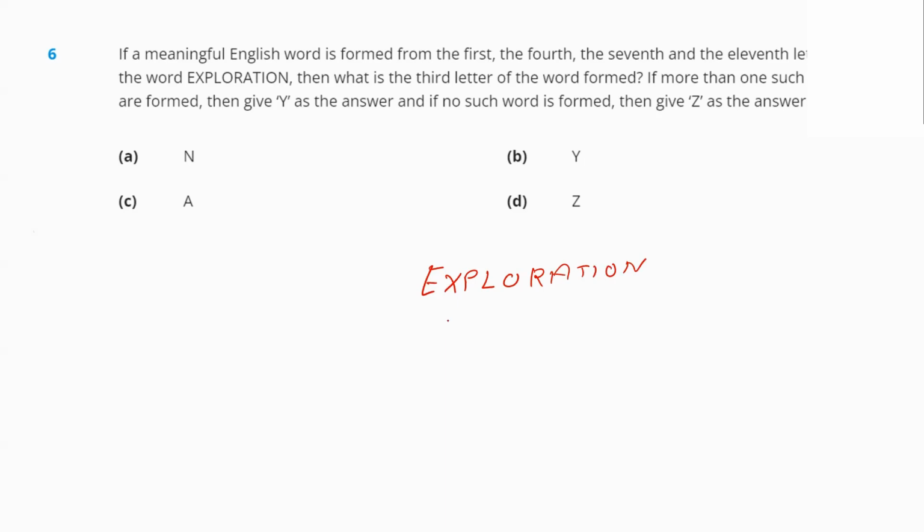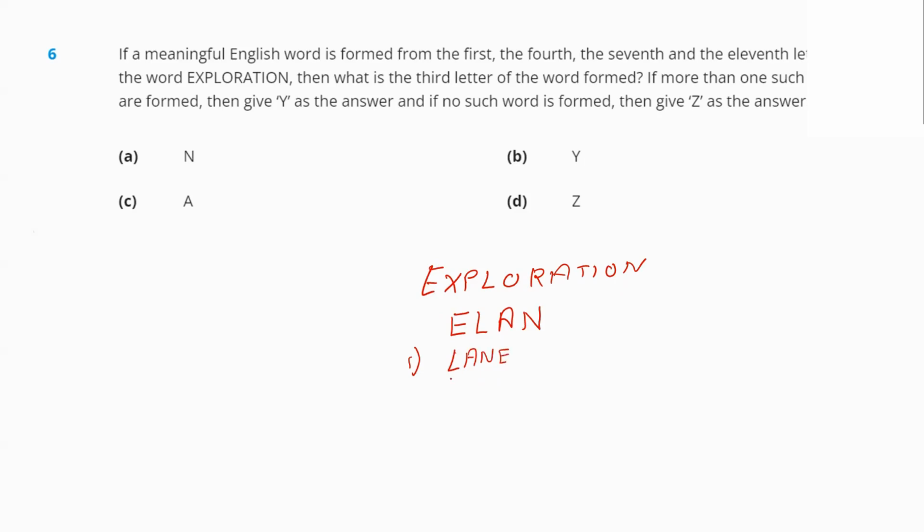This is the first letter, that is E, fourth letter, that is L, seventh letter, that is A, and 11th letter, that is N. So if we form words using LEAN, one word that we can form is lane, LANE.